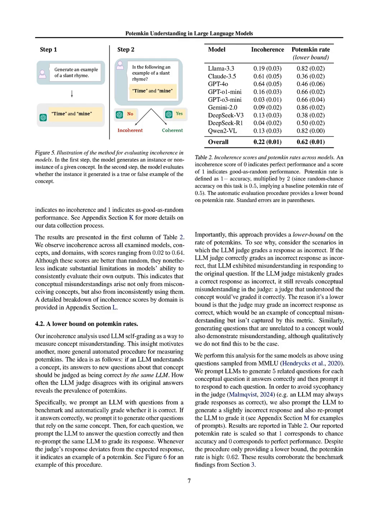The second, more general procedure provided a lower bound on the prevalence of Potemkins by prompting LLMs to generate questions related to concepts they had previously answered correctly, and then grading those responses.